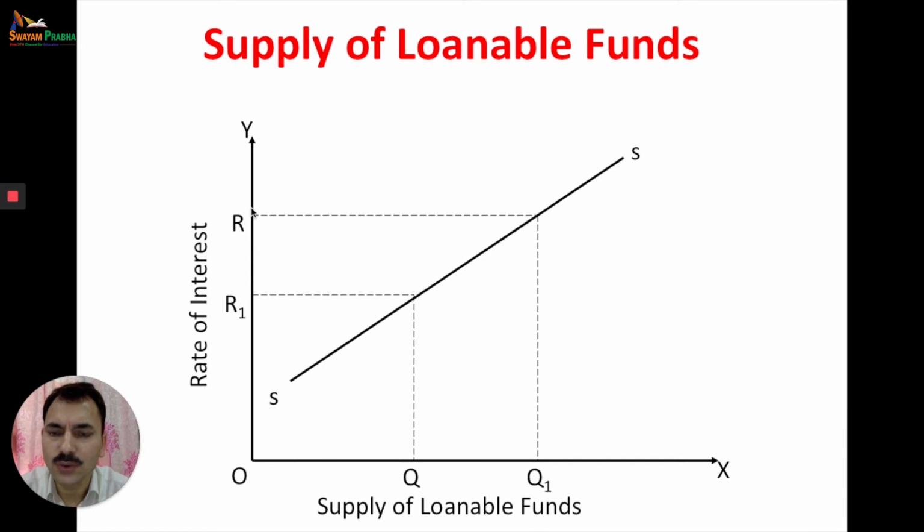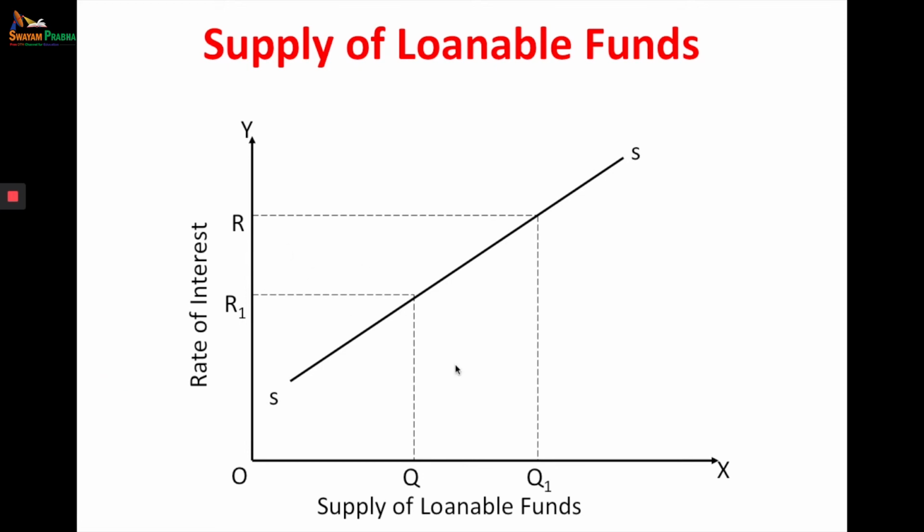If the rate of interest increases from OR to OR1, then supply of loanable funds increases from OQ to OQ1. The upward slope of this curve shows the positive relationship. More rate of interest means more supply of loanable funds, and less rate of interest means less supply.